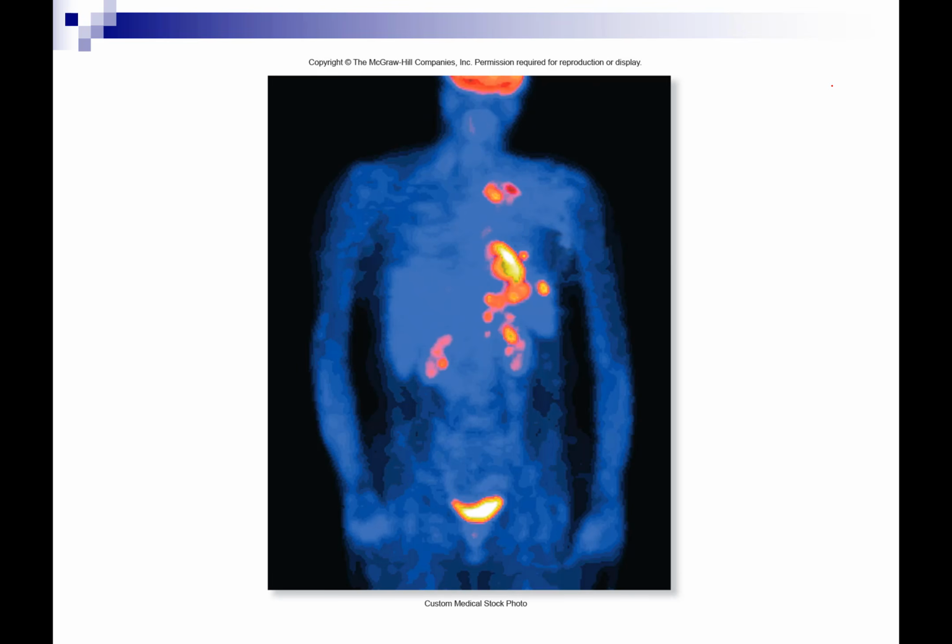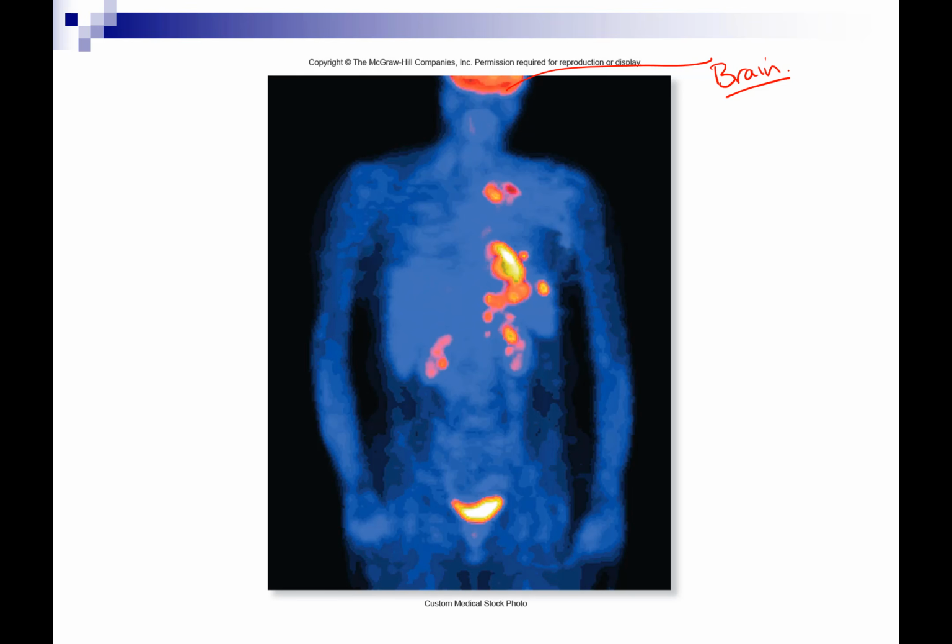And so you'll see these bright spots glowing that are radiating energy, and you can look for cancer in a non-invasive way. So just to orient you, this is the person's brain, and their brain does not have cancer, but it uses a lot of glucose. Right?